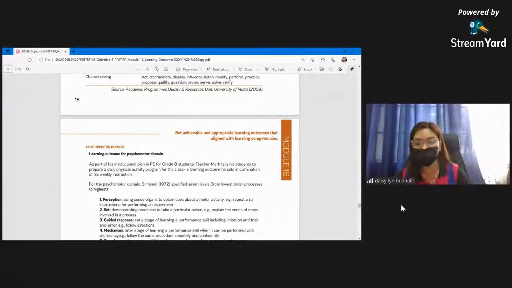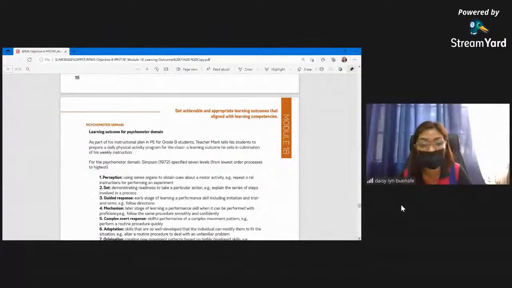So lower to higher. So number one, we have perception, using sense organs to obtain cues about a motor activity. Siyempre, sense organ kayo, diba, to perceive things.